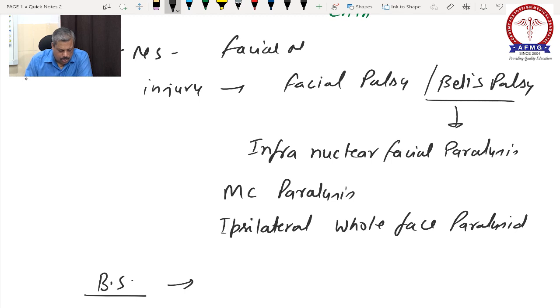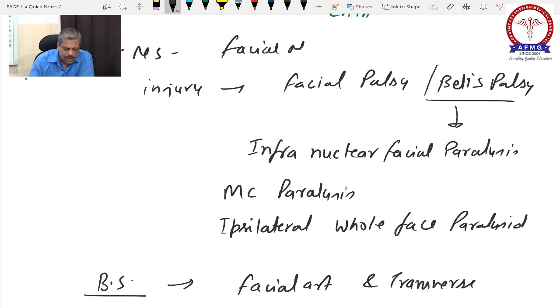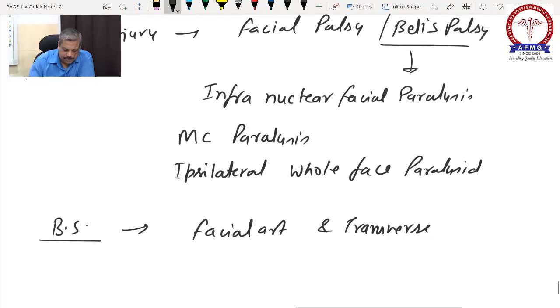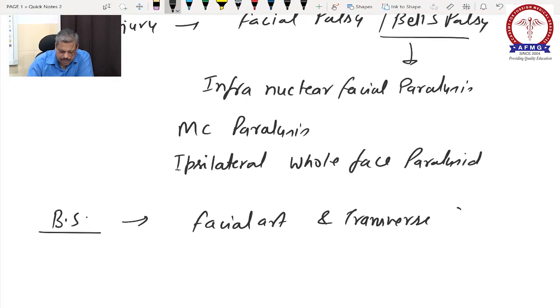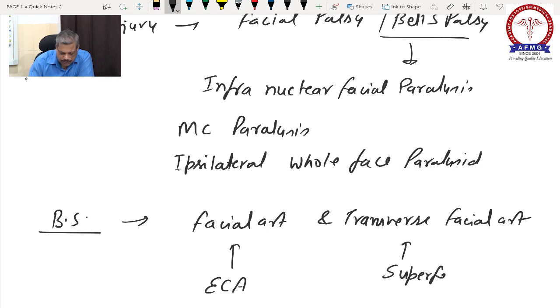Blood supply of the face is the facial artery and the transverse facial artery. Clear? The facial artery is a branch of the external carotid artery. The transverse facial artery is a branch of the superficial temporal artery.